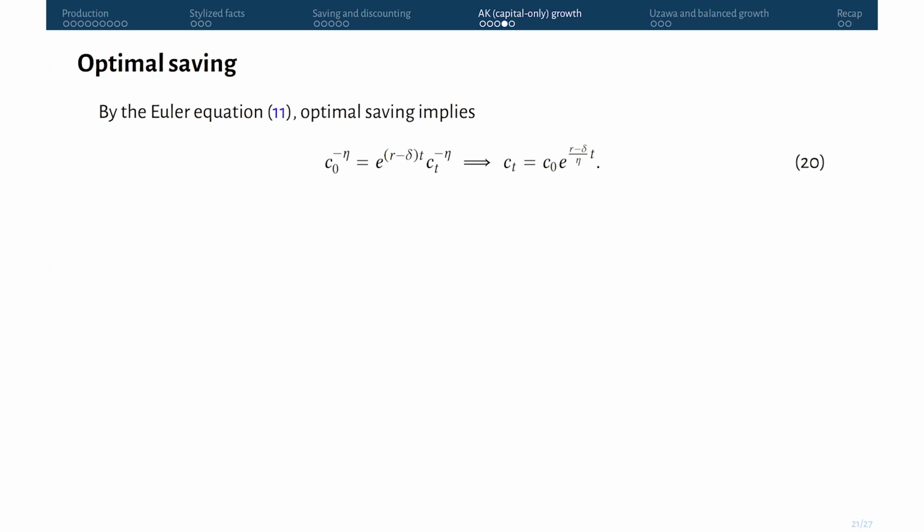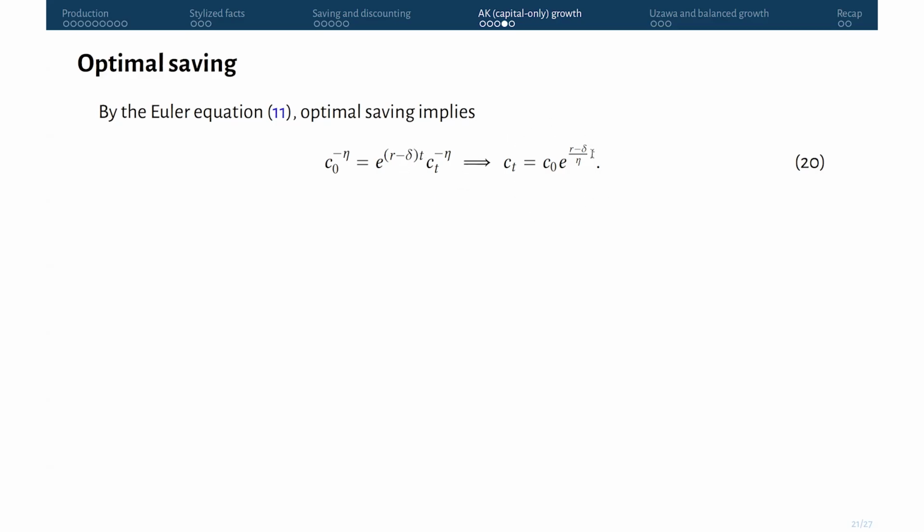By that Euler equation, that first order condition, optimal saving has to maintain this indifference between consuming a little more now, getting this much marginal utility now, and investing until time t on the margin and getting this much marginal utility per dollar, e to the rt dollars, and discounting it by e to the negative delta t.